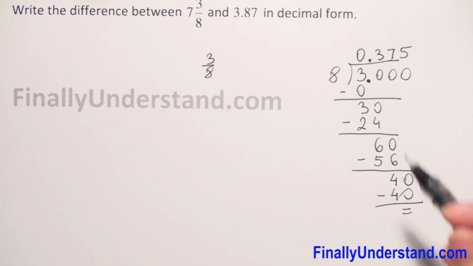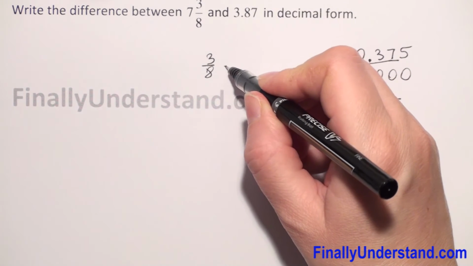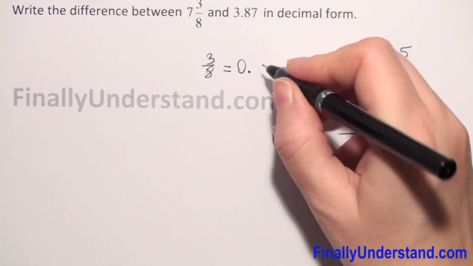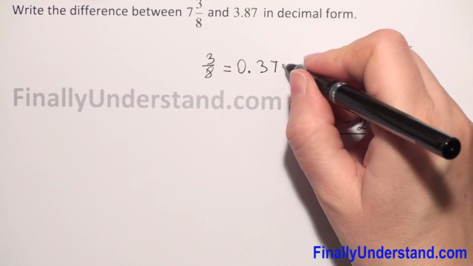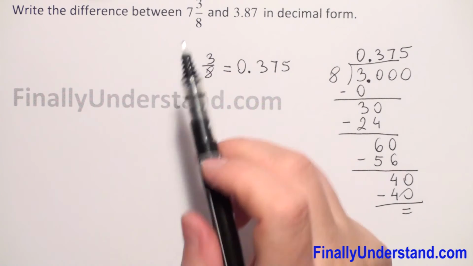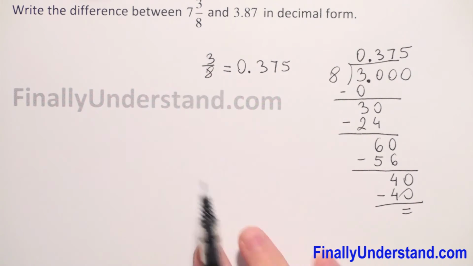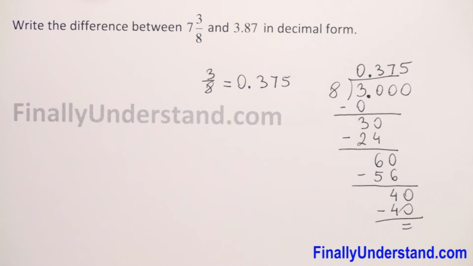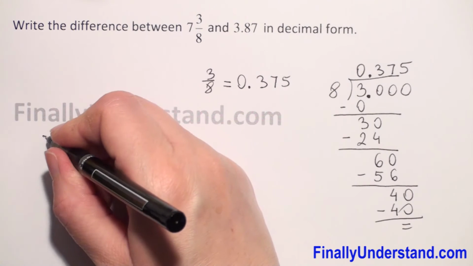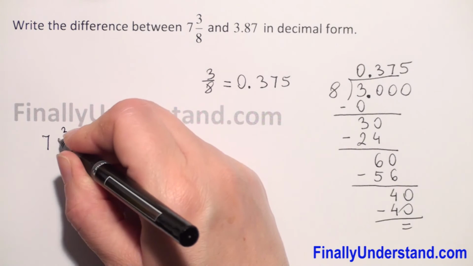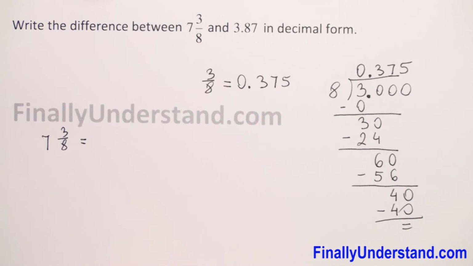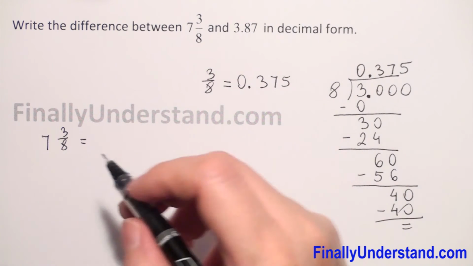And now we can rewrite that 3 over 8 is equal to whatever we have on the top, 0.375. But at the beginning we have 7 before the 3 over 8 fraction. So we can write that the mixed number is equal, we change it to decimal form.